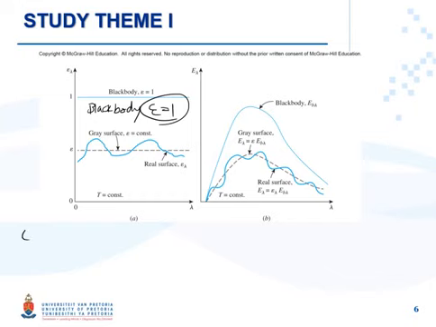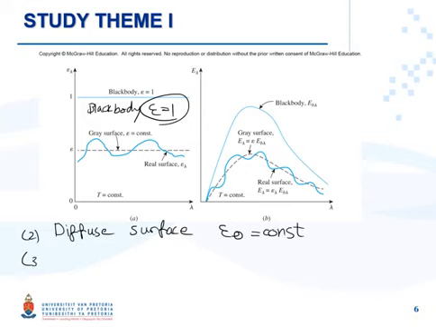The second surface of interest is the diffuse surface. For a diffuse surface, epsilon theta is constant. What does it mean? It means that emissivity is independent of direction. The third surface of interest is the gray surface, and for a gray surface, epsilon lambda is a constant.